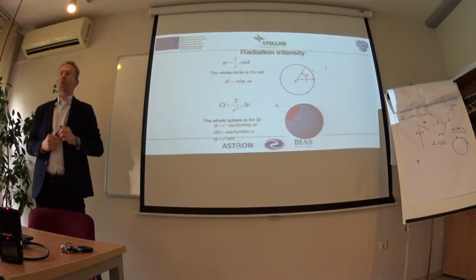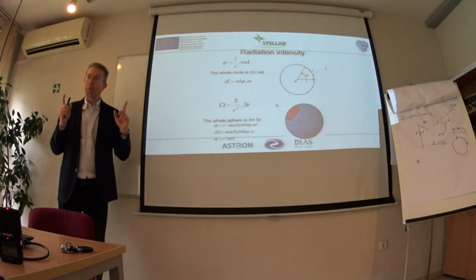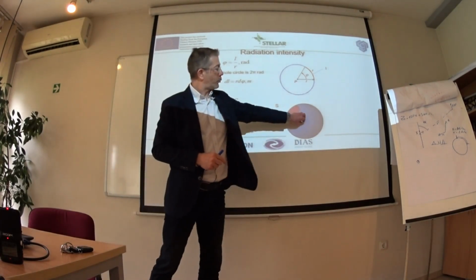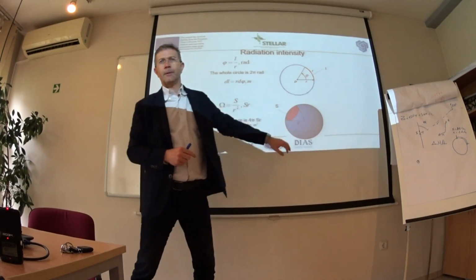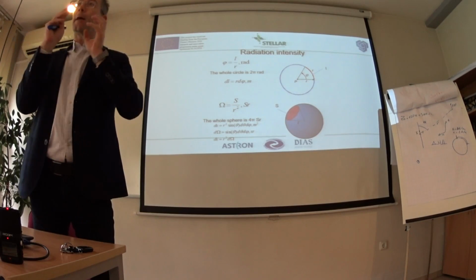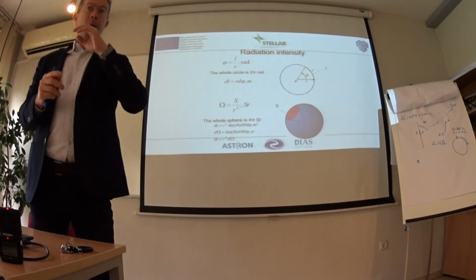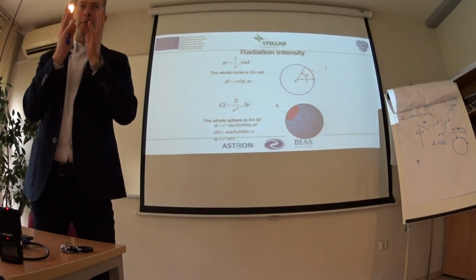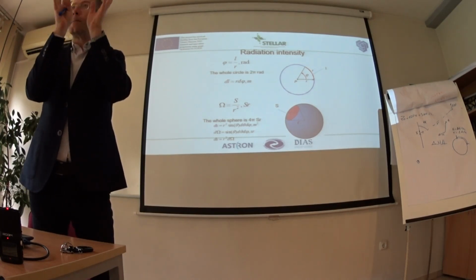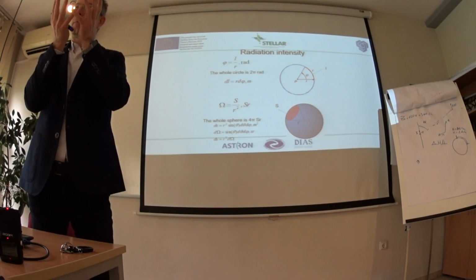And why is this important? It is important because if we put a source here in the center and it starts to radiate, part of this radiation will be enclosed into this funnel, in this cone.